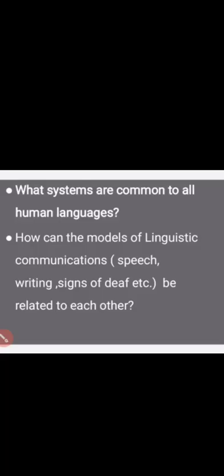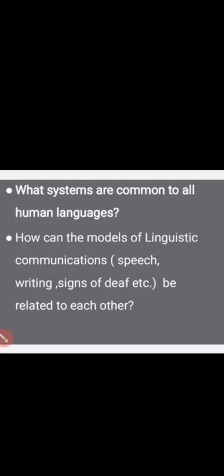That is to say, we may have some features which are concerned with different types of languages shared together, and this is a very important area in the field of applied linguistics.